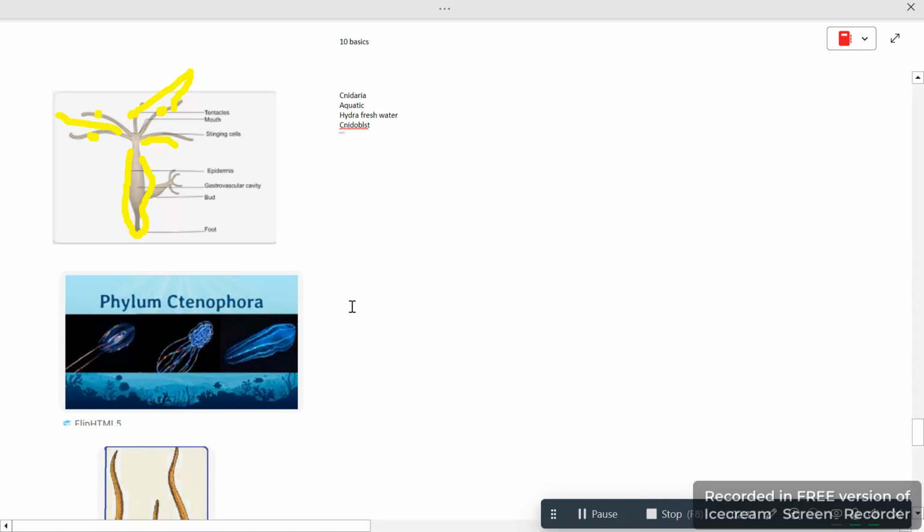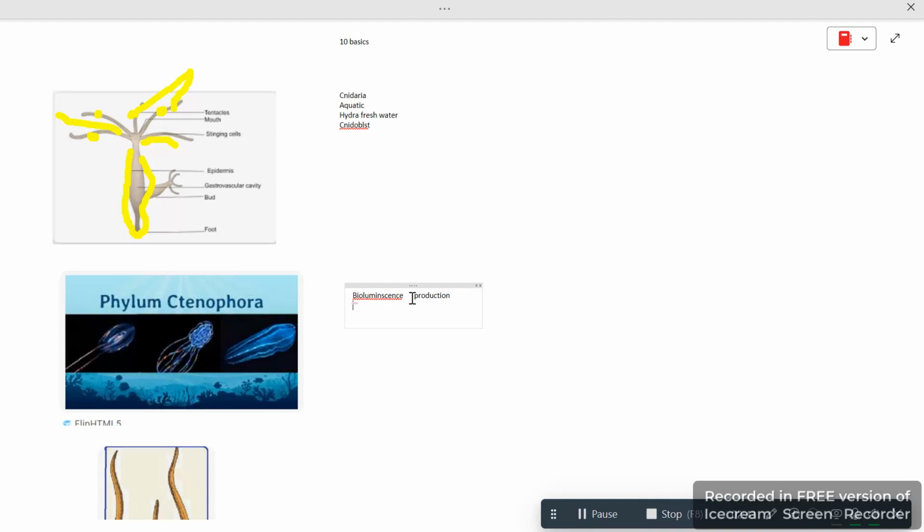Then we have the second phylum, Ctenophora, which is known for bioluminescence. Bioluminescence simply means the production or emission of light by a living organism.